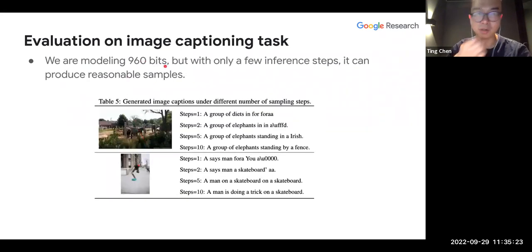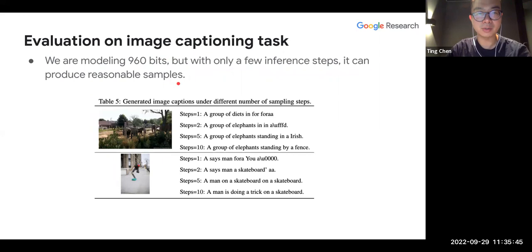It's also worth mentioning that, although the sequence here is not very long, we're actually modeling 960 bits because there is a lot of padding as well, and the sequences have different lengths. But even with so many bits we are modeling, we only need a few inference steps.